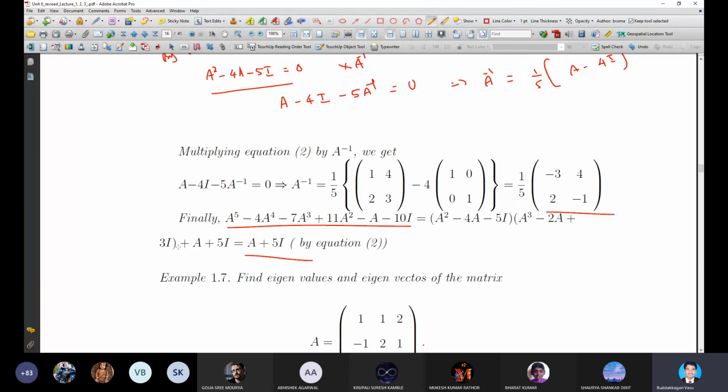We factorize that one. We simplify the factors, dividing by the coefficient. 4a minus 5i. You see, this can be expressed like this. Is it right or wrong?